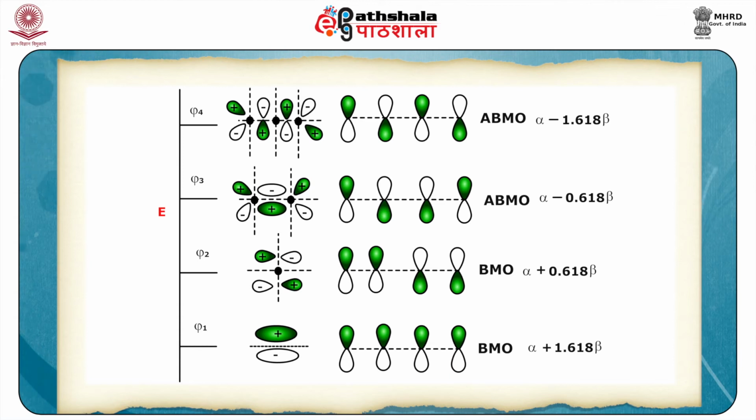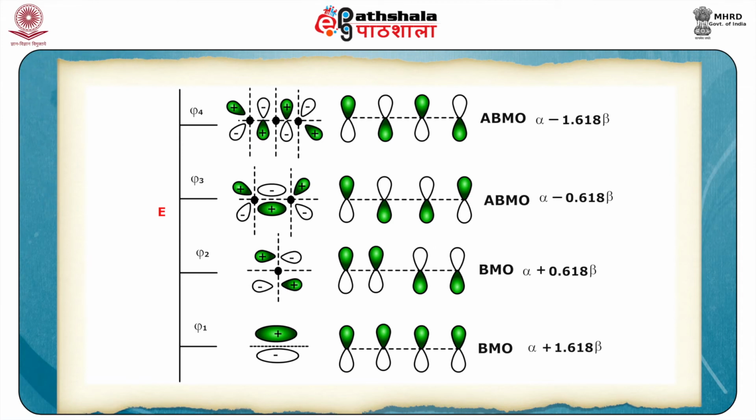If we go to Phi2, here the energy was equal to alpha plus 0.618 beta. So here you can see that the first 2 pi orbitals, which are on carbon atoms 1 and 2, are having positive lobes up and negative lobes below. Whereas the next 2 atomic orbitals, that means the pi atomic orbitals, they have negative lobes up and positive lobes down.